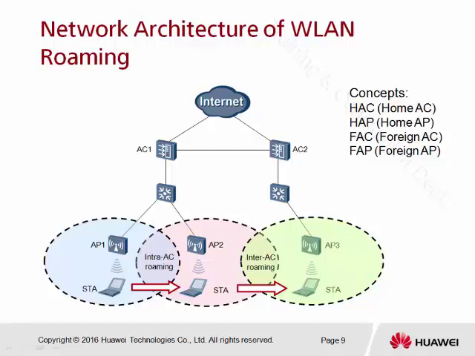Then on the next one, when the STA moves from AP2 to AP3, AP2 is managed by AC1 and AP3 is managed by AC2. In this case, we call this inter-AC roaming, roaming between two different ACs.